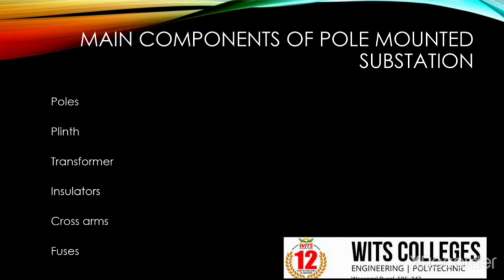The next component will be the fuse. Horn gap fuses are provided on 11 kV lines on the high tension line side, whereas open type rewirable fuses are used at 400 volts, that is, at low tension lines we use rewirable fuses, whereas at high tension lines we use horn gap fuses.